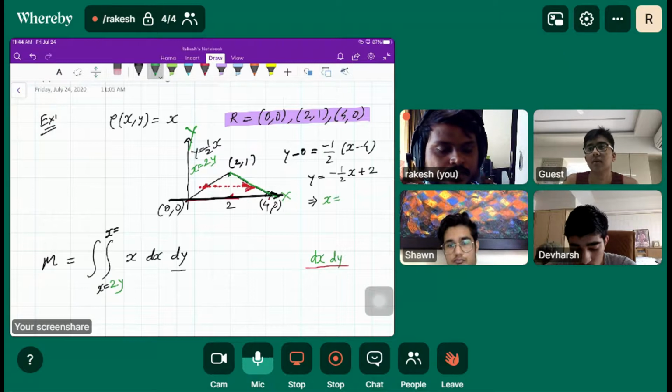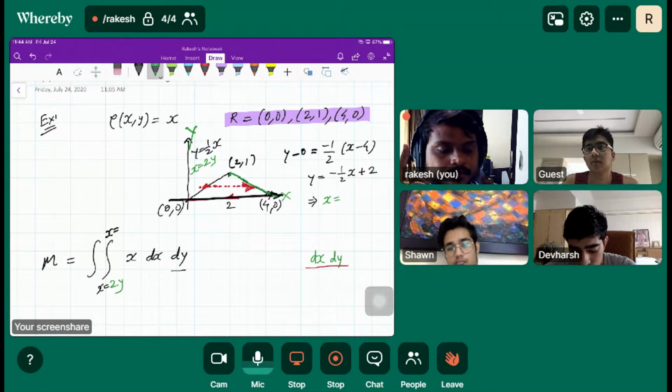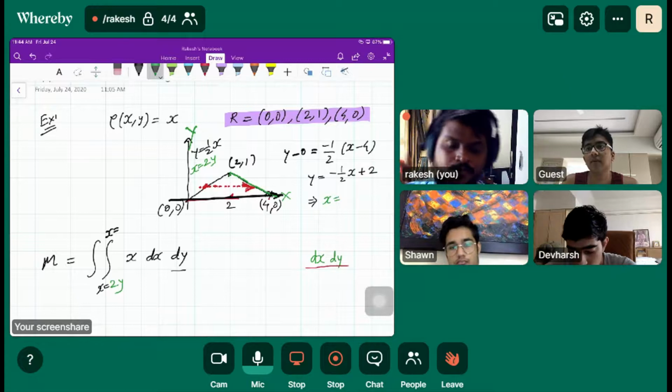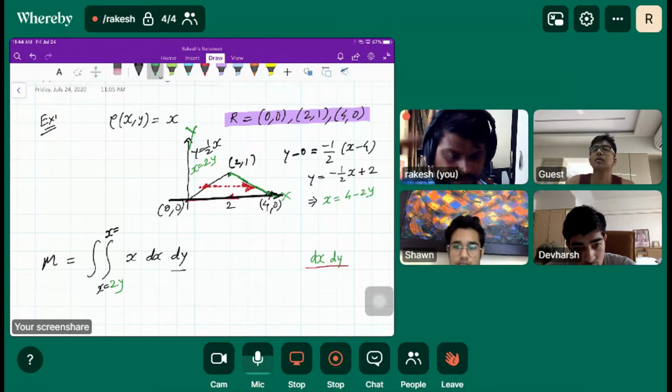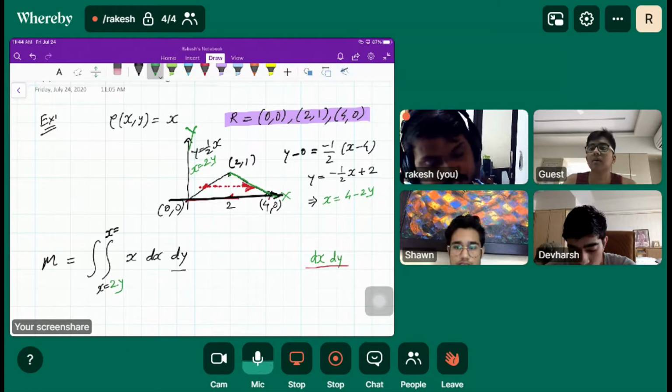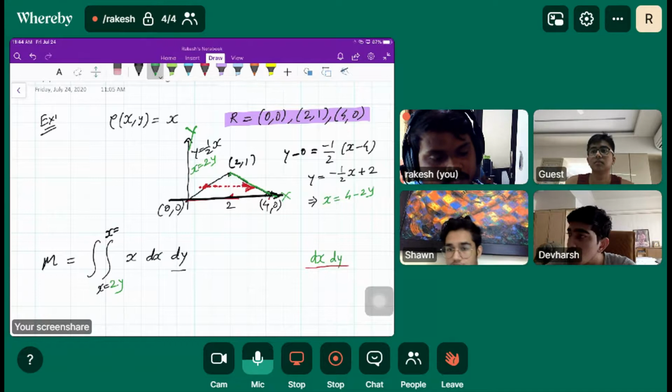x is equal to 4 minus 2y. Please check out the equation. First of all, this one: I have taken this point.